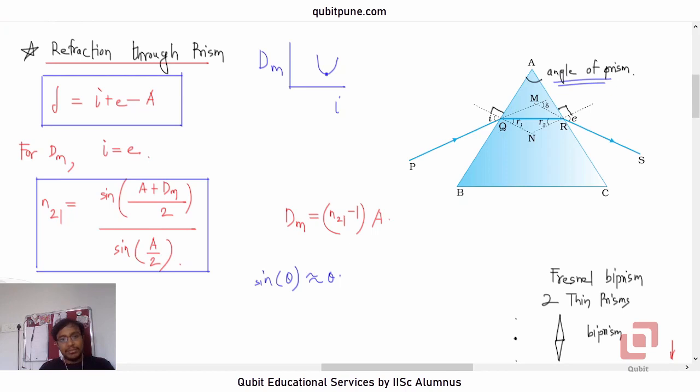If you continue to simplify that, you finally arrive at this expression for the angle of minimum deviation, which is (n21 minus 1) into the angle of prism, that is A. So this relates angle of minimum deviation, angle of prism, and the refractive index of the material of the prism, assuming that the angles A and Dm are very small.